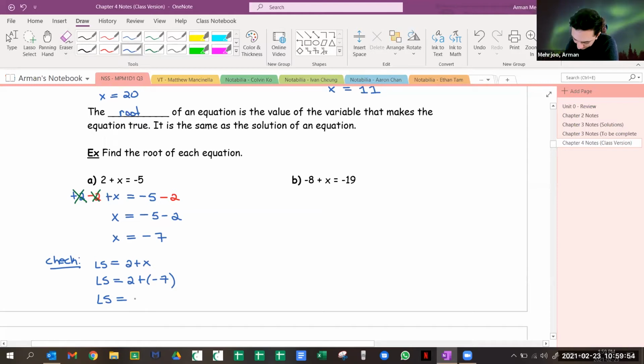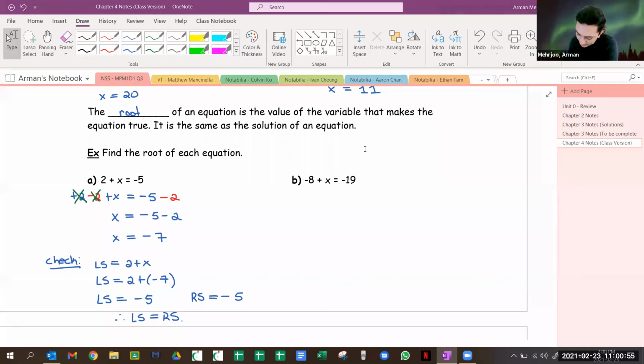Or sorry, negative 5. My mistake. The right side of my equation is equal to negative 5. Therefore, left side equals right side. I know I've solved for x correctly.